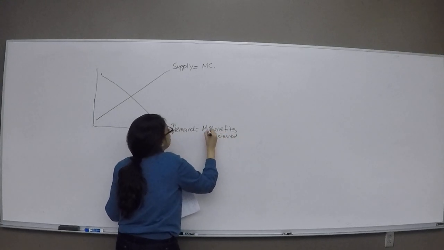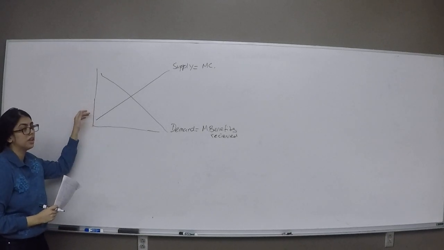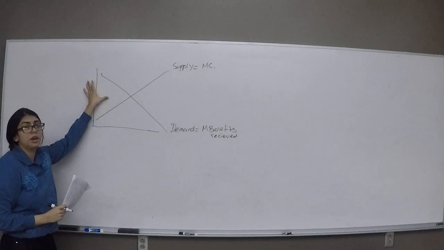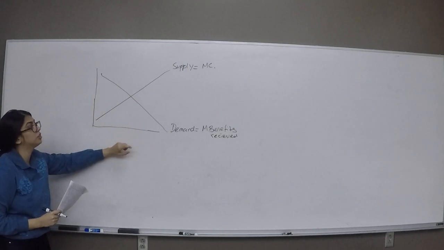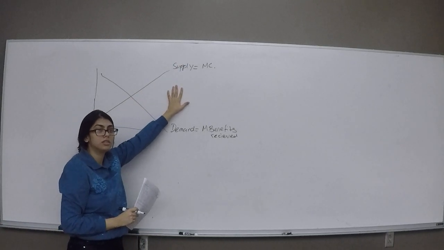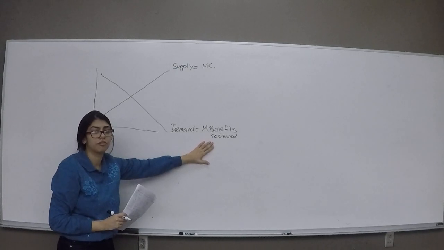So if you check your previous notes, when we were calculating the surplus for the markets, producer surplus, consumer surplus, we said that supply is like marginal cost and demand is like marginal benefits received for every product.